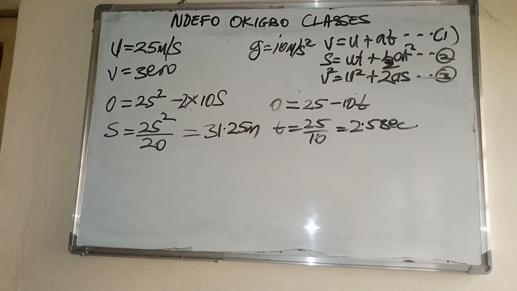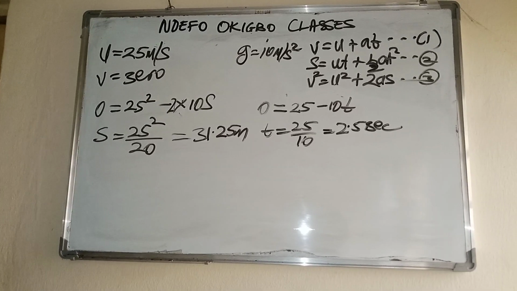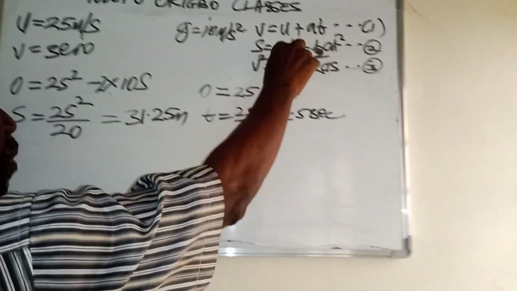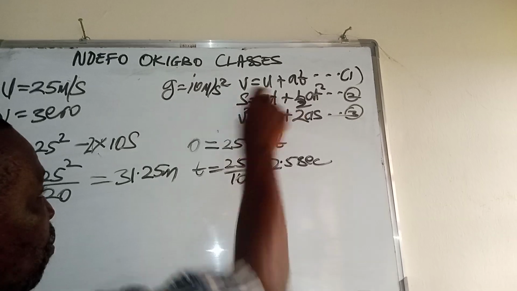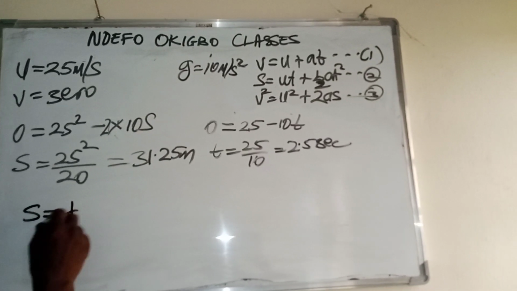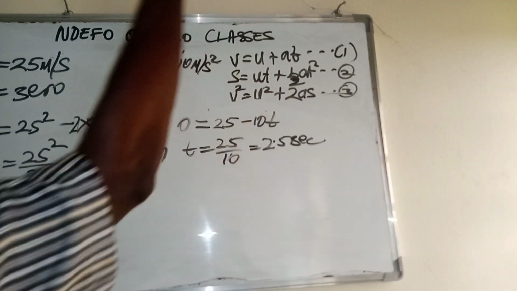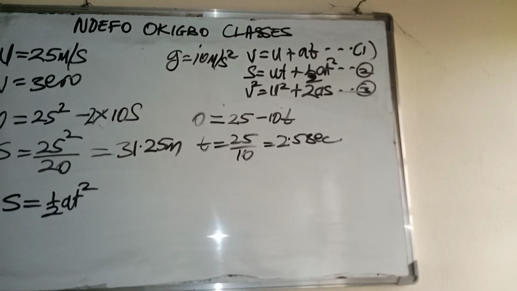So that is 0 as it's coming back. And we can now use the second equation, since the initial velocity is now 0. So this part of the equation goes away. We now have that s is equal to half a t squared, because the u, which is now the initial, is 0 as it's coming down.